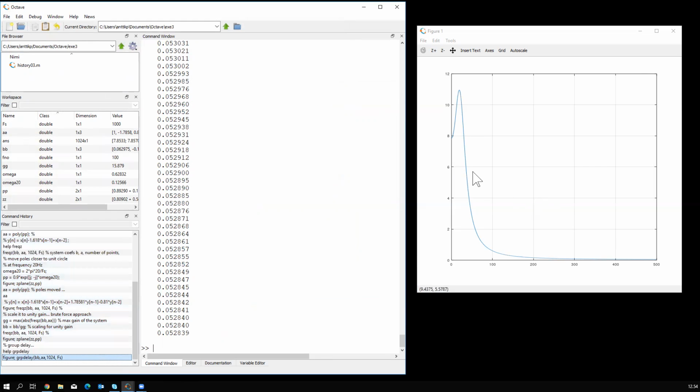So, group delay. This is in number of points. It does not directly calculate it as a number, as the time. But, no, sorry. Yeah, this upper scale is actually how many samples the delay is.